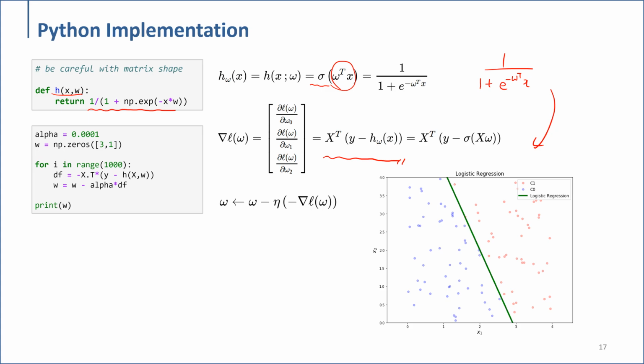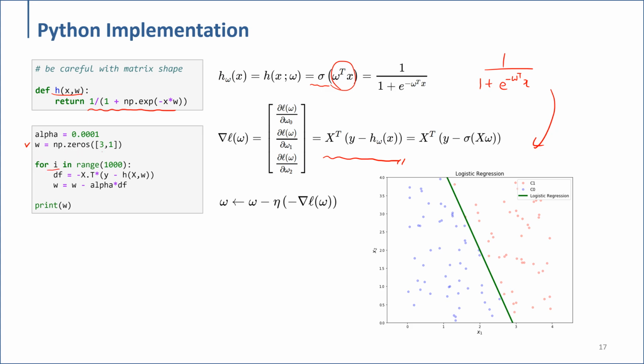Let's first define the learning rate alpha and omega, and let's initialize the W value, which is of size 3 by 1.